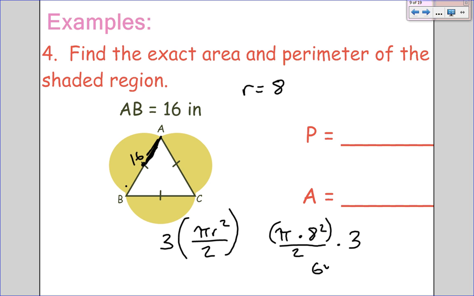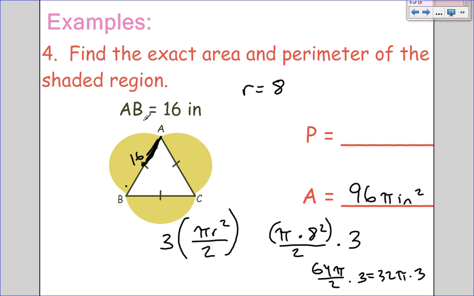So we get 64 pi over 2 times 3, which equals 32 pi times 3, which is 96 pi inches squared. That's how we find the area of the 3 semicircles.